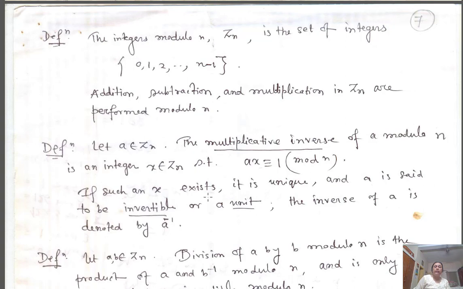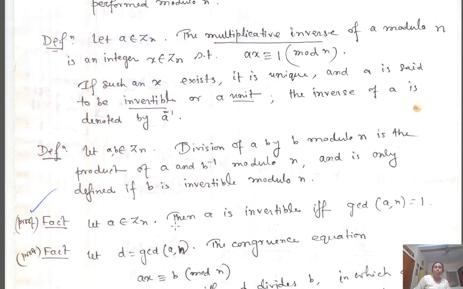If such an x exists, it is unique, and a is said to be invertible, or a unit. The inverse of a is denoted by a^-1. For a and b in Zn, the division of a by b modulo n is the product of a and b inverse modulo n.